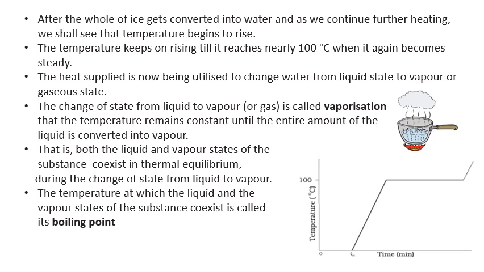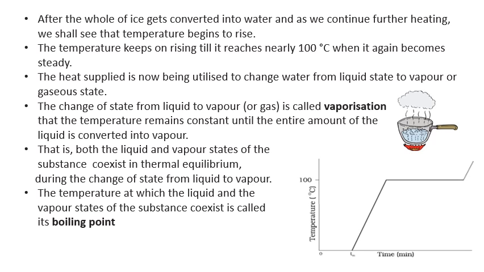After the whole of the ice gets converted into water and as we continue further heating, you will observe that now the temperature begins to rise and it rises till it reaches nearly 100 degrees Celsius when it again becomes steady.